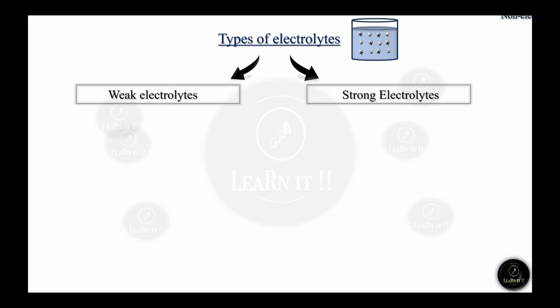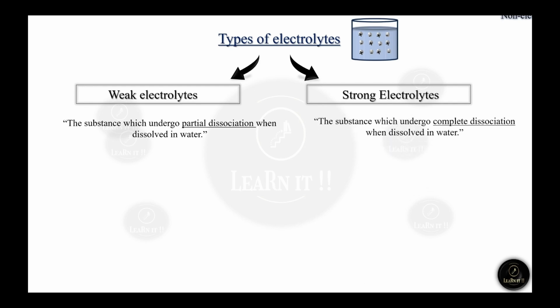We are only talking about electrolytes in the form of an aqueous solution. Weak electrolytes are the substances which undergo partial dissociation when dissolved in water, whereas strong electrolytes are the substances which undergo complete dissociation when dissolved in water.